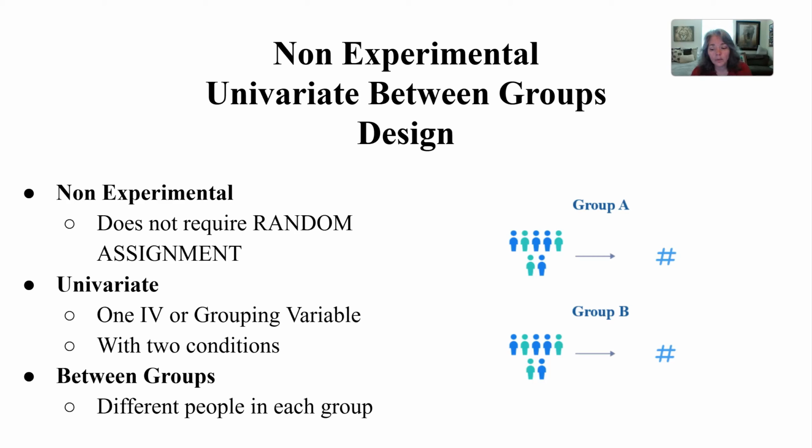We are requesting that you only compare something, a selected variable, between two groups, okay? So you're going to have group A and whatever it is you're measuring, and you're going to have group B and whatever it is you're measuring. Obviously, that needs to be the same thing.